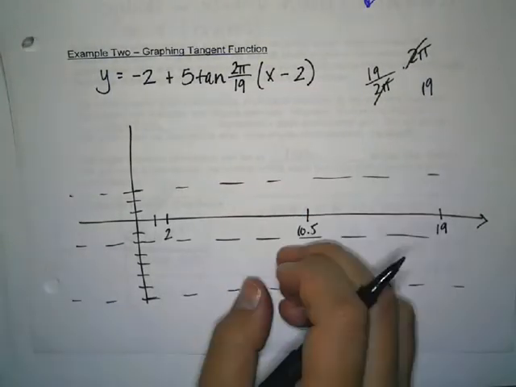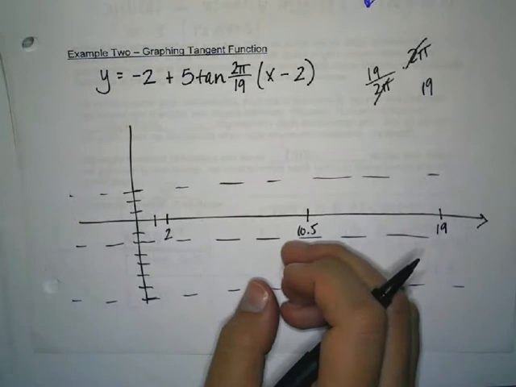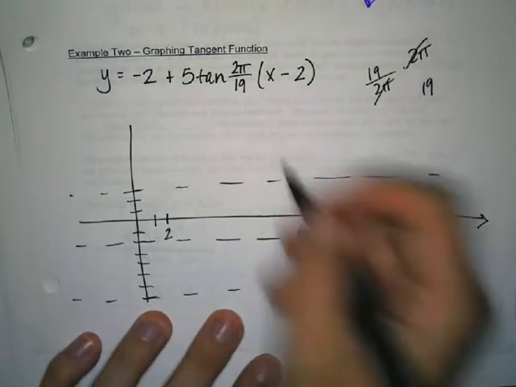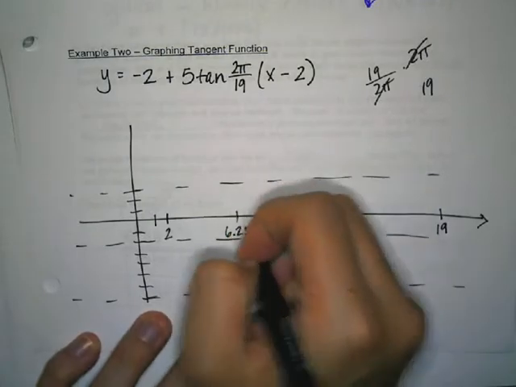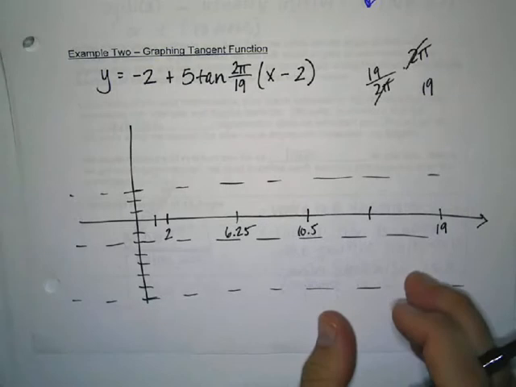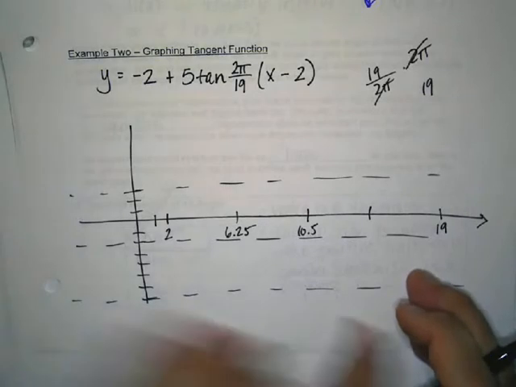Halfway in between these two will be 6.25, and halfway in between 10.5 and 19 is going to be 14.75.